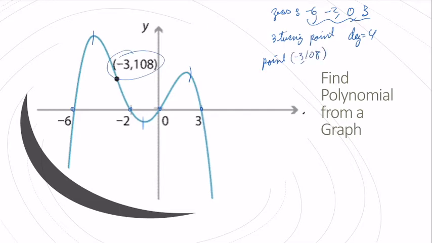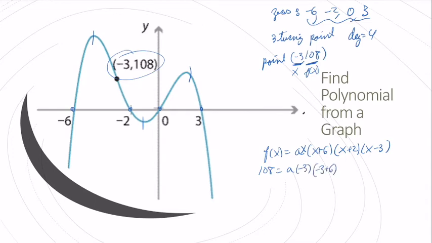So if I have f of x equals a times x plus 6, x plus 2, x (we like lonely x's up in the front), x minus 3, I can substitute in for my x and my f of x. So I have 108 equals a times -3 plus 6, times -3 plus 2, times -3, times -3 minus 3.